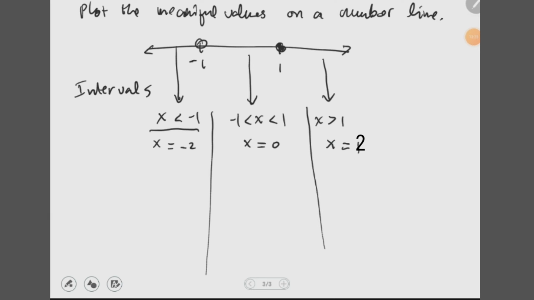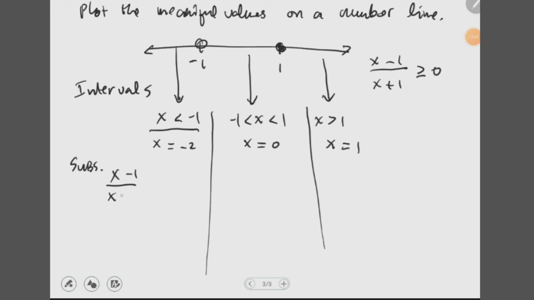Okay, so these particular values in each interval will be substituted to our inequality, and then if it satisfies our inequality, it means that particular interval will be part of the solution. But if it will not satisfy our inequality, that interval will not be part of the solution.